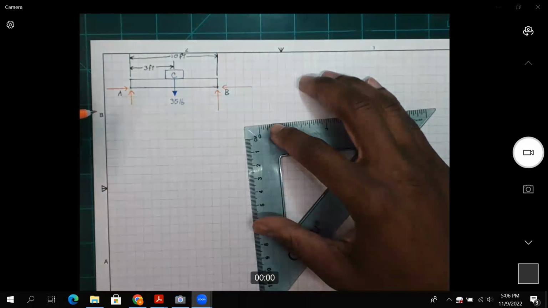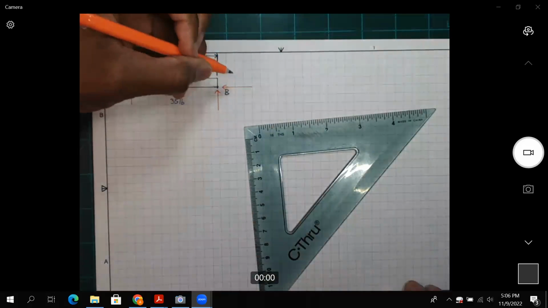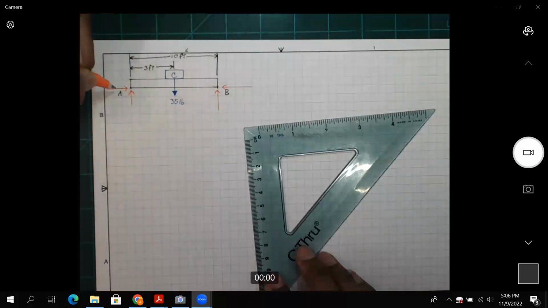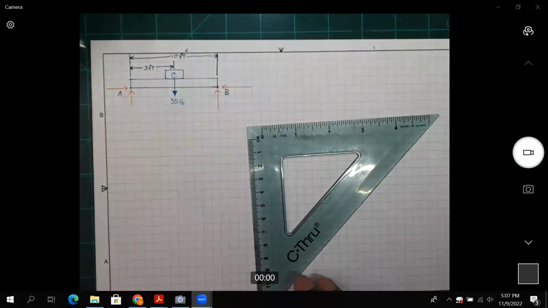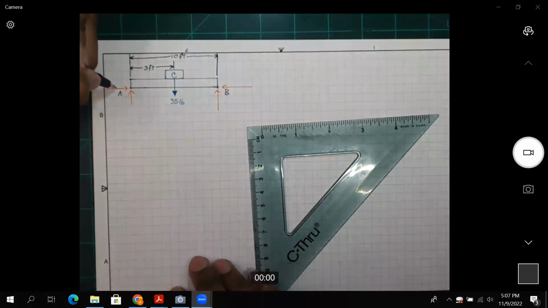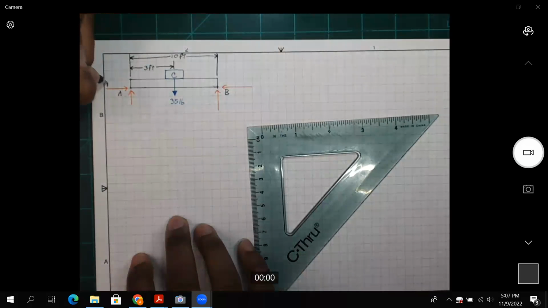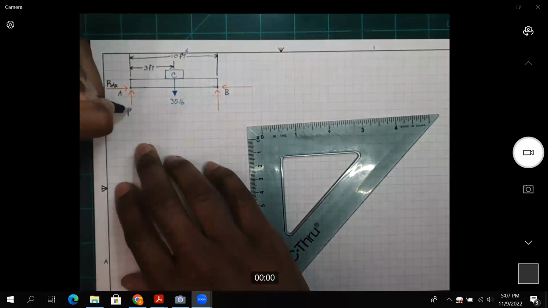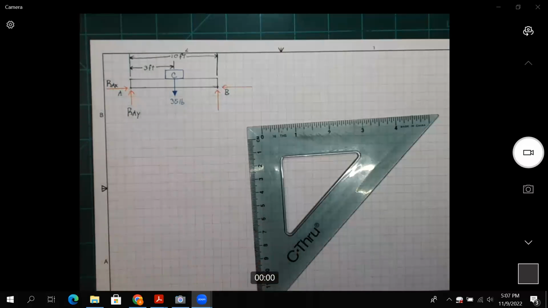And we're going to solve for the reaction force at joint B. Since these two reaction forces are on joint A, we're going to call this one A going in the X direction, and this reaction force right here A going in the Y direction.